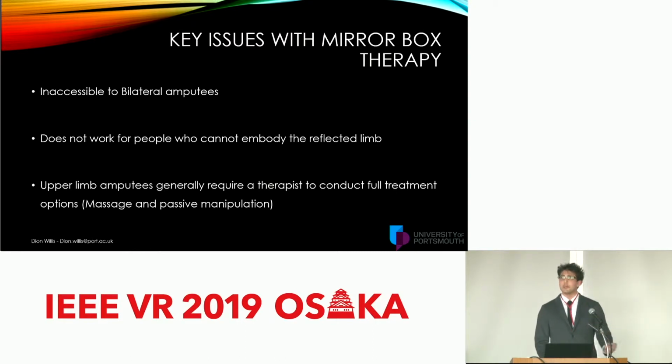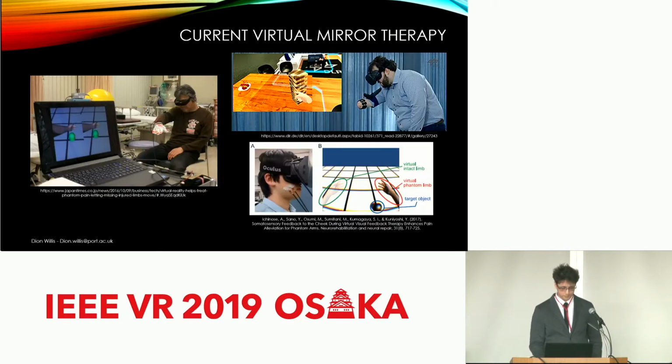Also, for upper limb amputees, it's very, very hard to self-medicate. I don't want to use medicate too much, but you can't do things like stretch or scratch the limb because your arm is being reflected, and so you can't self-scratch your own limb. So it's very, very inaccessible to upper limb amputees if you're trying to do it by yourself.